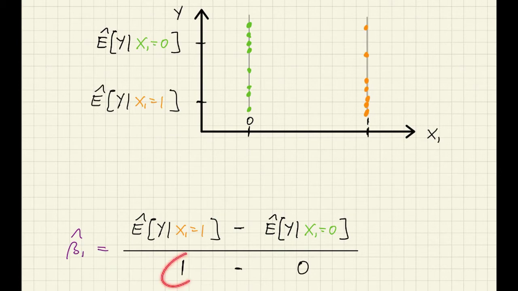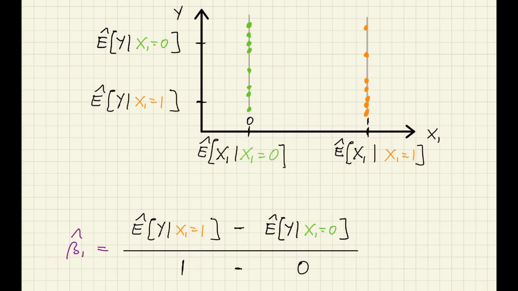I can find a 1 in my graph by looking here. And I can compute this 1 by computing the average value of x1 on the subsample such that x1 is equal to 1. In this subsample, everyone has x1 equal to 1, so the average is also 1. Similarly, I can compute this 0 by computing the average value of x1 on the x1 equal 0 subsample.